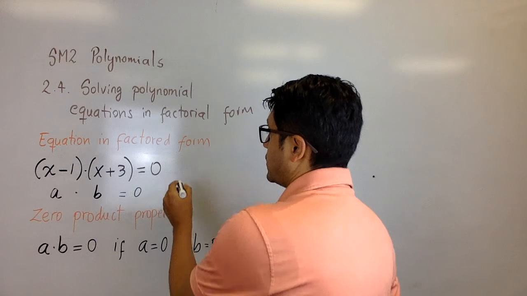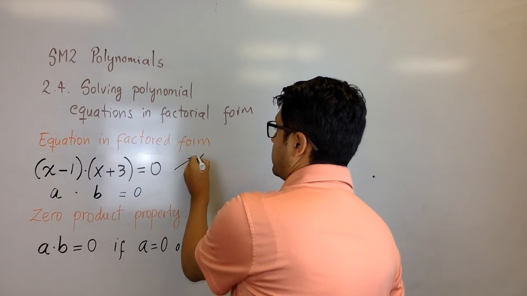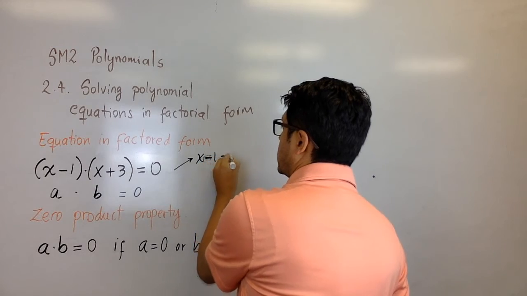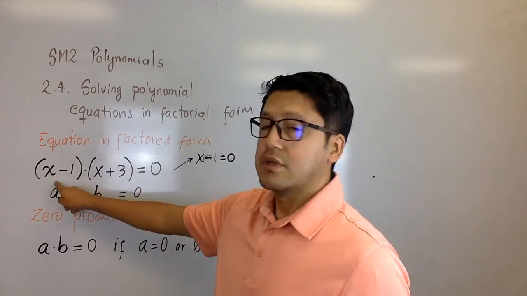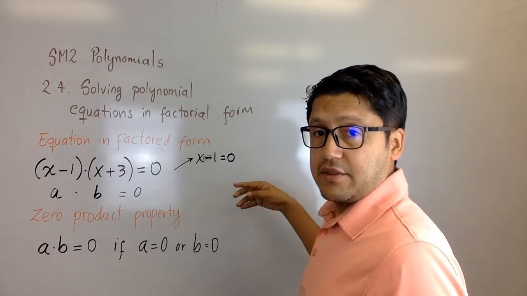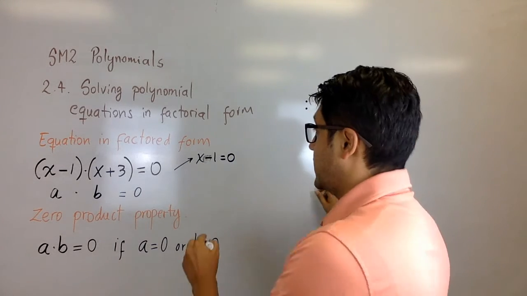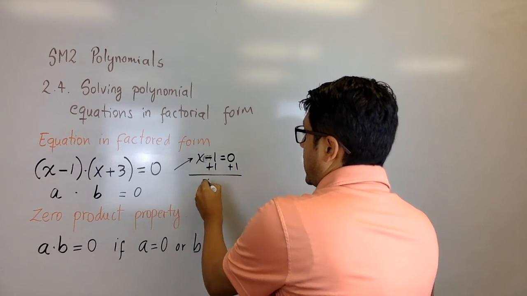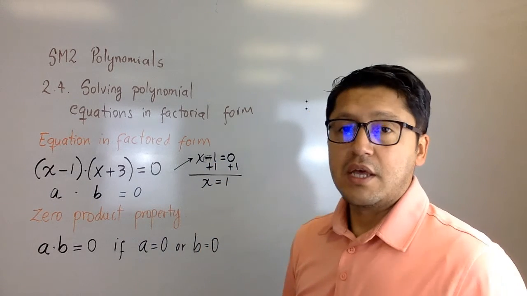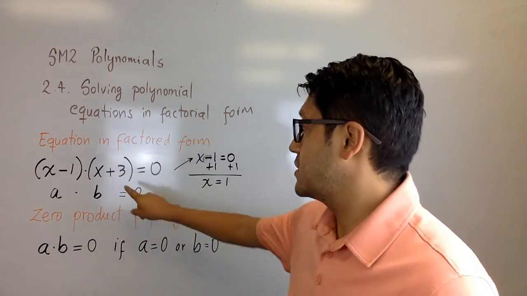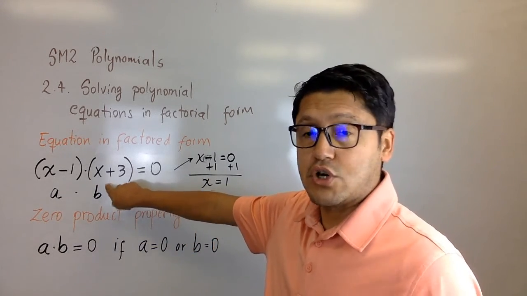How does that work? Well, I can now say that if x minus 1 is 0, then the whole thing will be 0, and now we are able to find what is the x value that satisfies this relationship. I just have to add 1 on both sides, so x is 1. And here I have one solution, but it's possible to have a second one because now I want to analyze the second term.